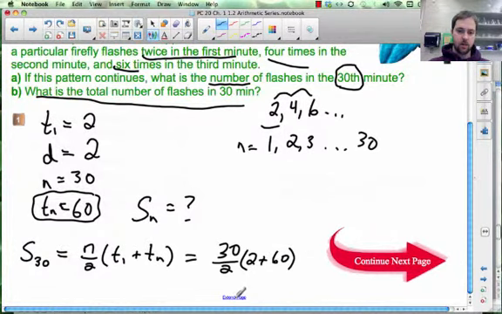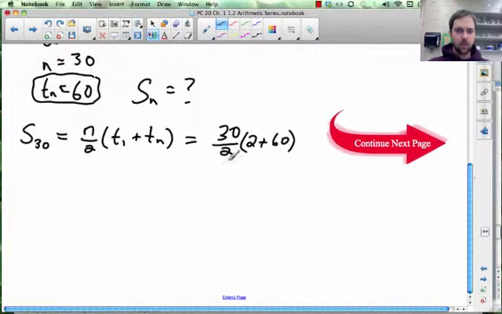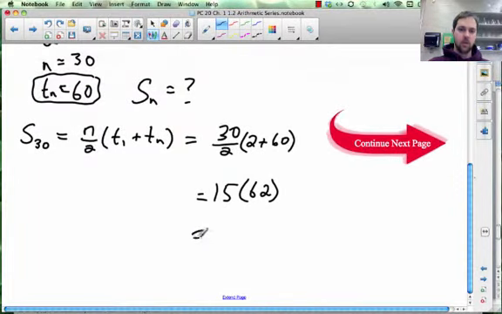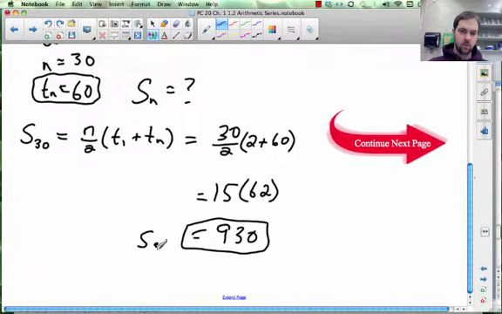All right, and then 30 divided by 2 is 15, and 60 plus 2 is 62. And get out your trusty calculator. 15 times 62 will give us 930 flashes altogether in the first 30 minutes. So S sub 30 equals 930 flashes.